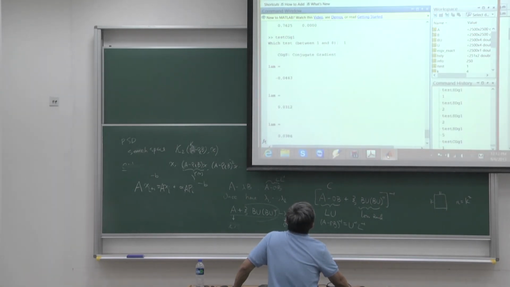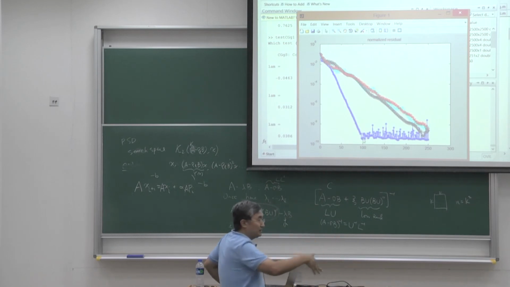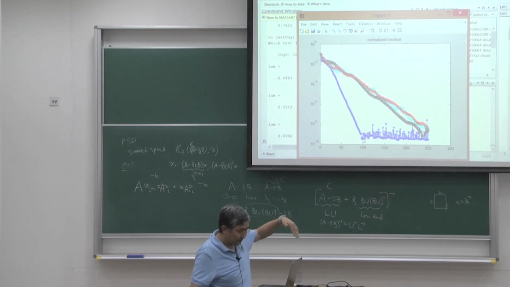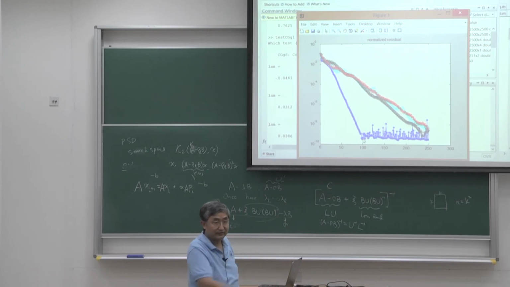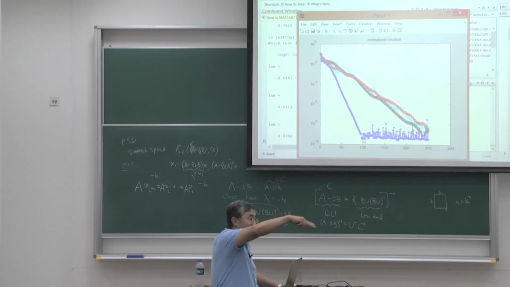Now, if you recall the previous picture, when we did SD, the first eigenvalue didn't converge that far. The rest are even worse. The first eigenvalue converged, the residual did go down to 10 to the minus 6, if you recall. Then the rest just don't go down that much.